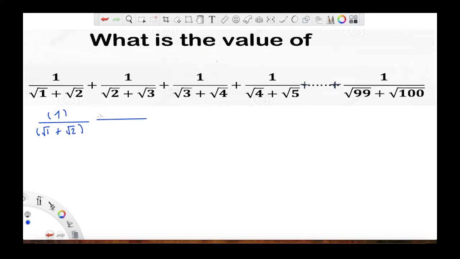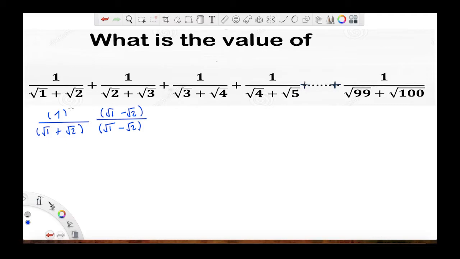So of course the conjugate of this surd will be the square root of 1 minus the square root of 2. Square root of 1 minus the square root of 2.